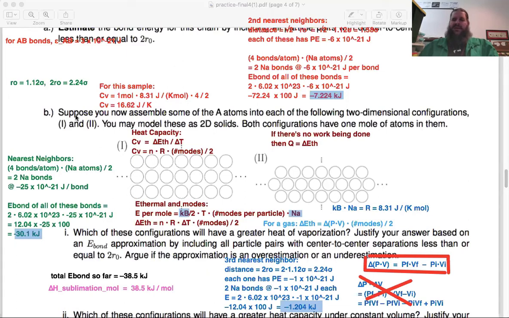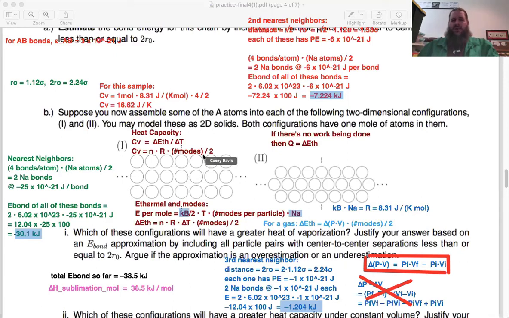Any other questions on that? Yeah, go ahead. Can you explain how you found the 4 again? For the number of modes? Yeah, the number of modes, sorry. Yeah, for the number of modes, in a monoatomic solid, in reality, we would usually expect 3 translational modes because the atom can move in 3 dimensions, and also 3 vibrational or 3 potential energy modes because the atom can interact with its neighbors in 3 dimensions.